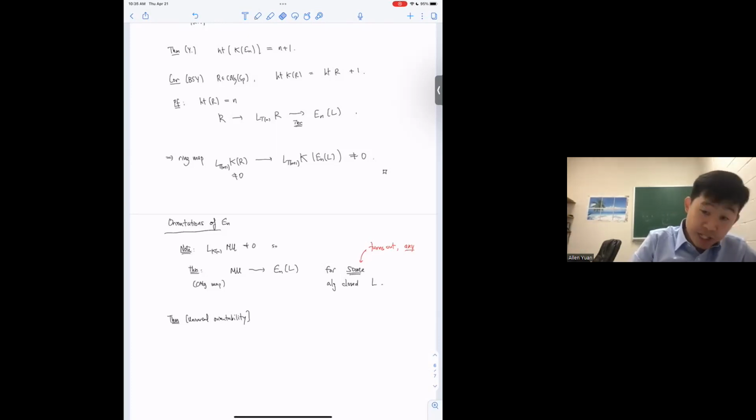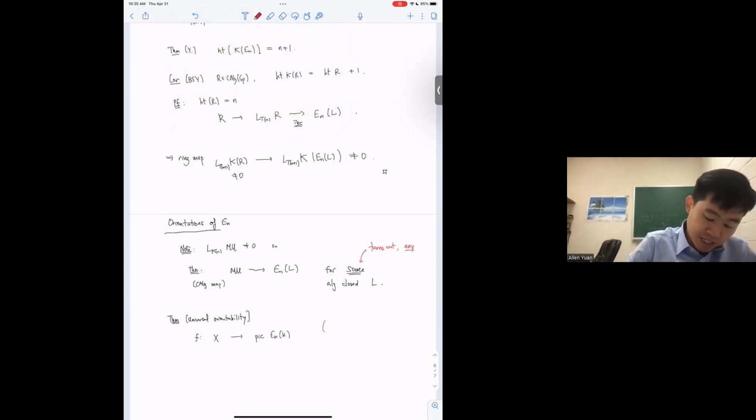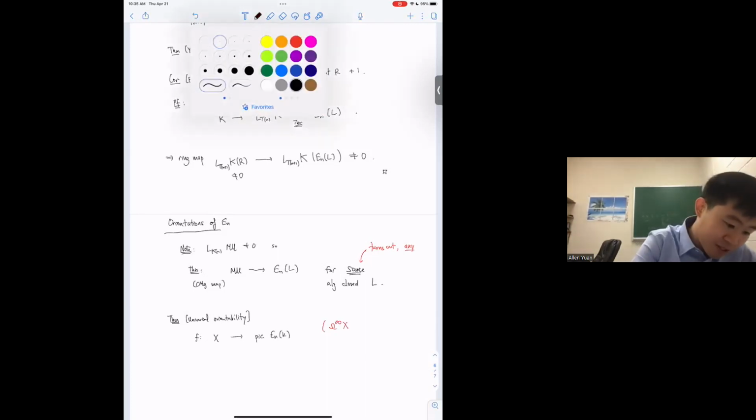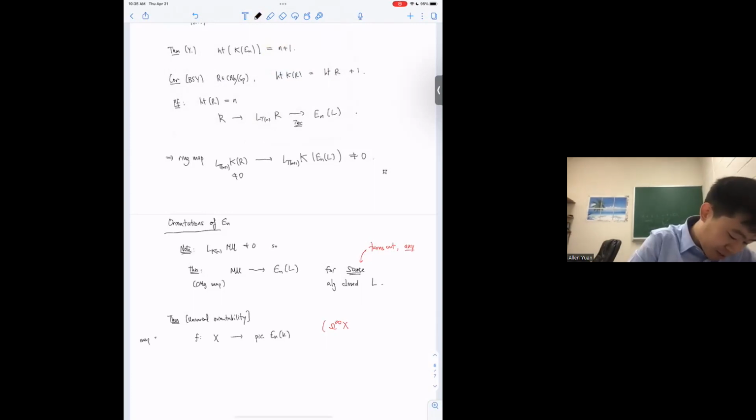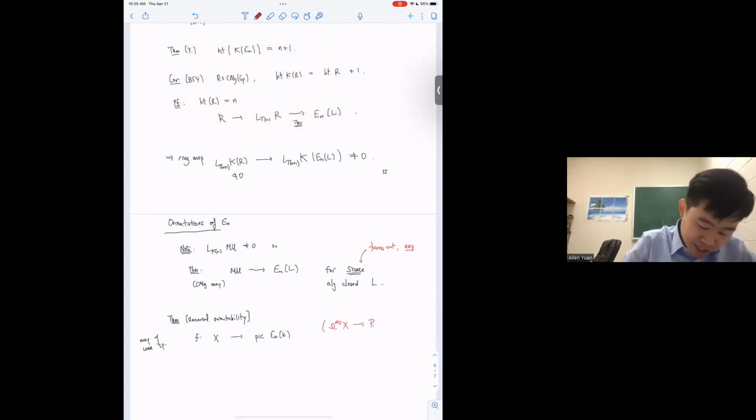And the situation is that suppose you have a map of connective spectra from X, a connective spectrum, to pic of En of K. So you're supposed to think of this as you have loops infinity of X, a space. Sorry, I should have written that it's a map of connective spectra. So loops infinity of X is a space, and you have a map from loops infinity of X to the groupoid of invertible En of K modules.